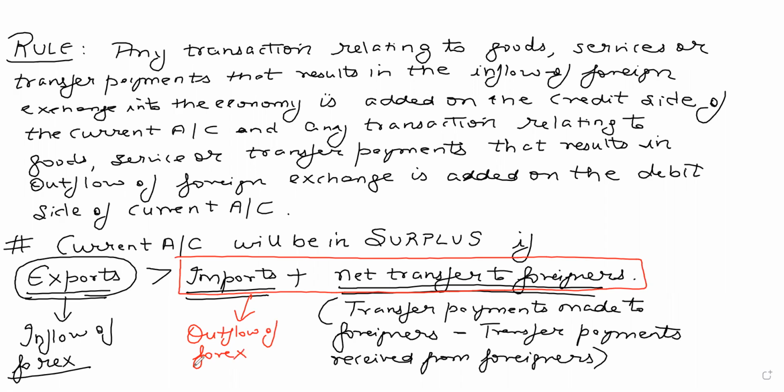So when the inflow of foreign exchange exceeds the outflow of foreign exchange for a given economy, we say that that particular economy is running a surplus in its current account.